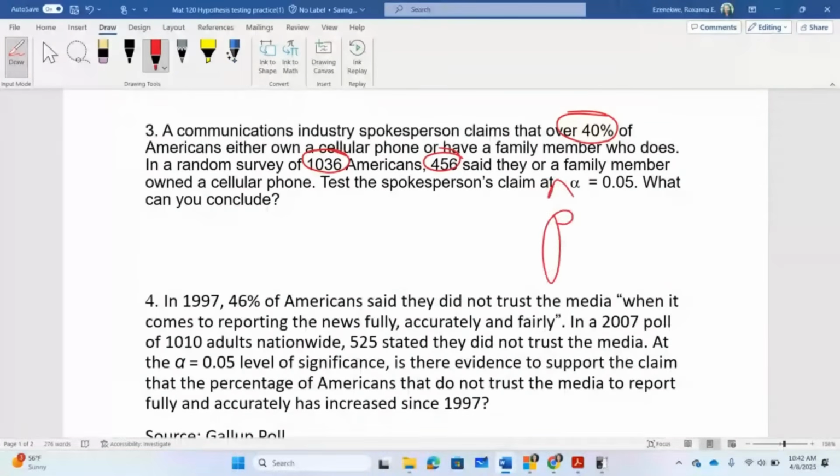P hat. The point estimate is P hat, and that is X over N. What is X? X is 450. 103. The point estimate.